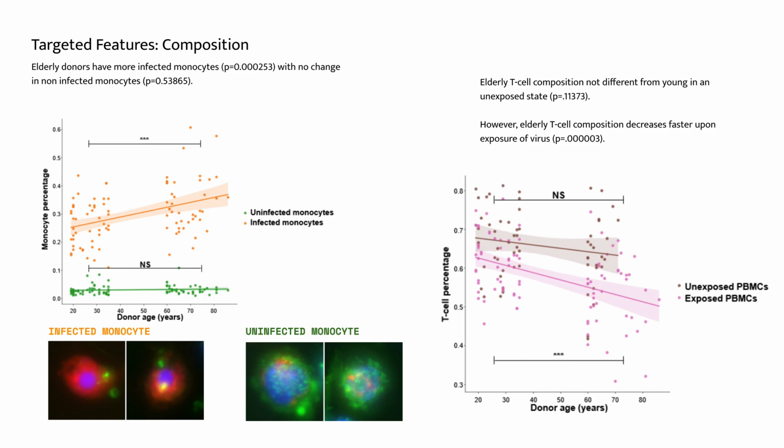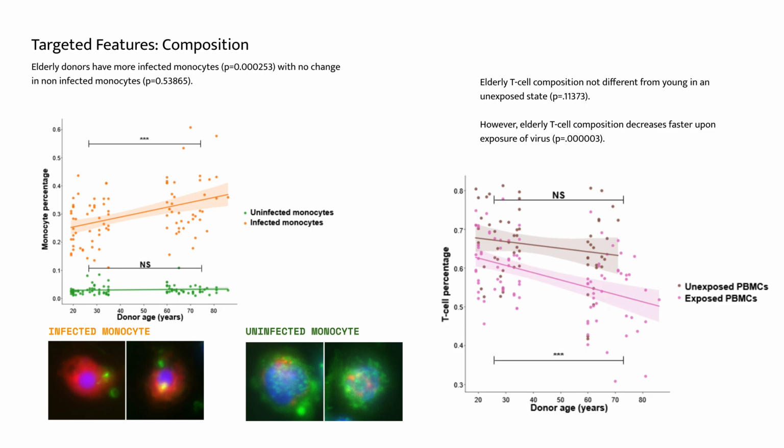Old donors have a higher rate of infection with an increase in infected monocytes, while the percentage of uninfected monocytes is unchanged between young and old donors.